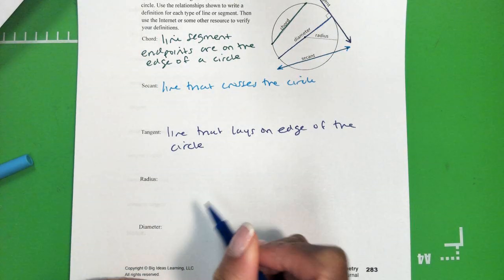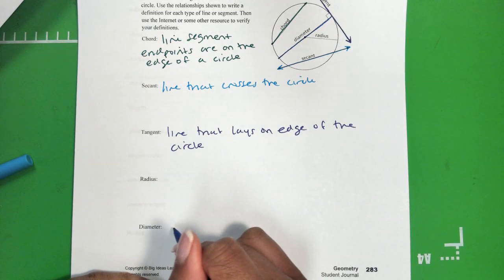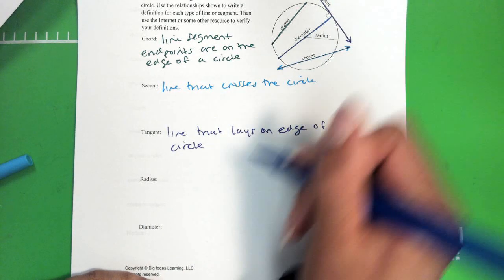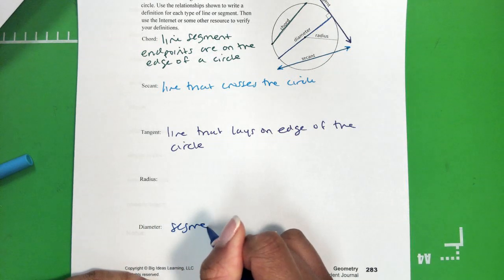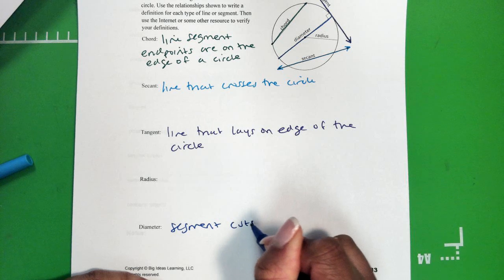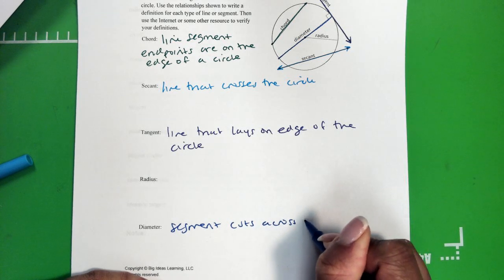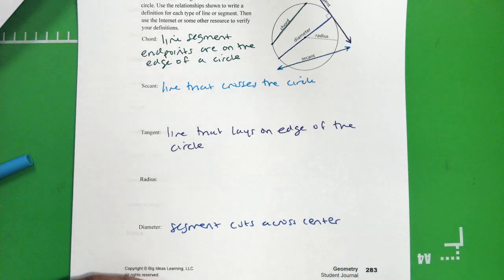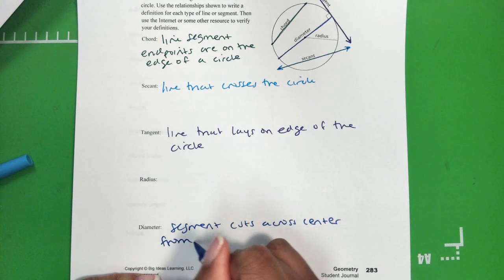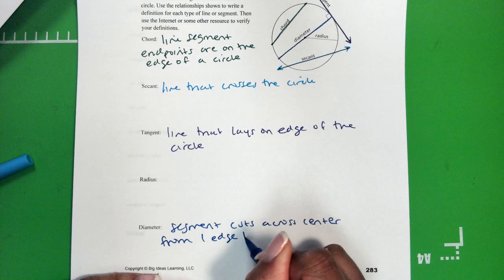Diameter is a segment, because it has endpoints, and it cuts across the center, from one edge to the other.